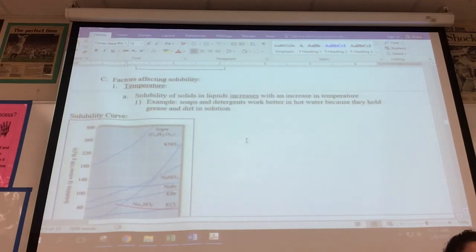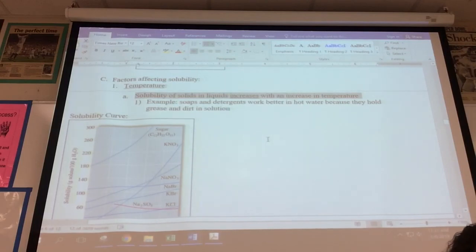There are two factors that affect solubility. One is temperature, the other is pressure. And we're going to take a look at solubility of solids dissolved in liquids. That's typically the type of solution you make, but we're also going to take a look at gases dissolved in liquids. And what you typically see when you have a solid dissolved in a liquid is the solubility will increase with an increase in temperature.